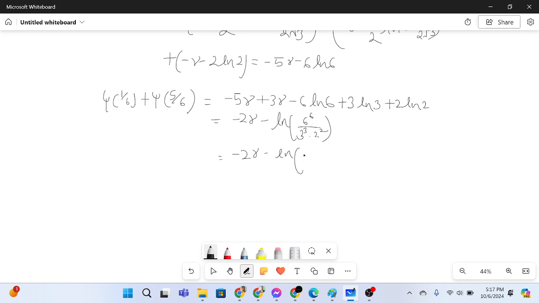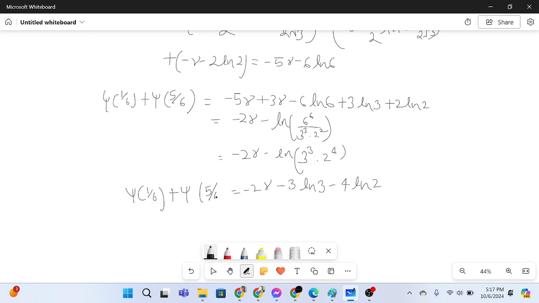So this is now 3 to the power 3 and 2 to the power 4. So that is minus 2 Euler-Mascheroni constant minus 3 ln 3 minus 4 ln 2. Okay. Oh, I could have just broken it over here itself. Why did I do so? Fine. Okay, now this is digamma of 1 by 6 plus digamma of 5 by 6, right?